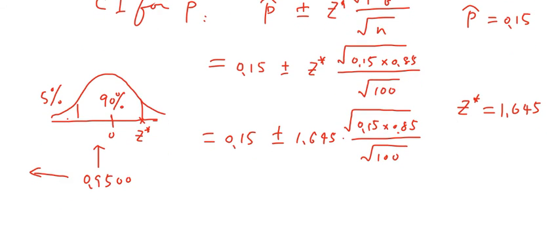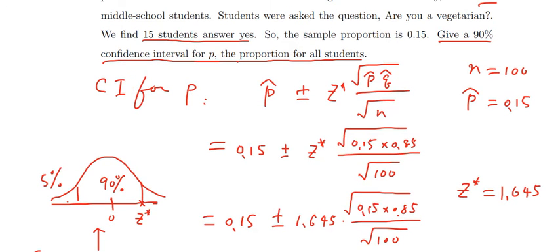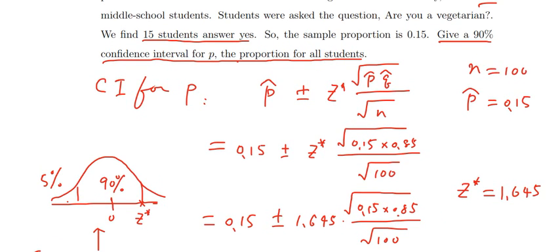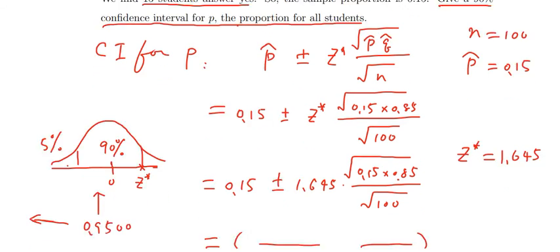So for the confidence interval, our answer is the lower bound to the upper bound. Okay, so this is our final answer. After a little bit of calculation, we have our final answer. So this is the confidence interval for the total proportion for all. Okay, so the confidence interval for p.